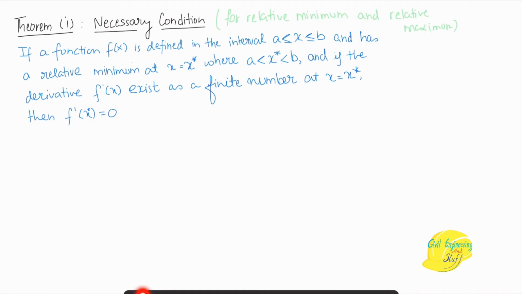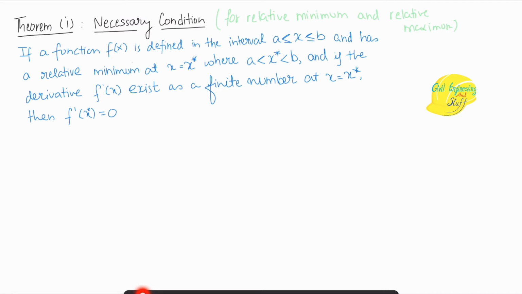Now there are two theorems which define the relative minimum and relative maximum point. The first one is the necessary condition. It states that if a function f of x is defined in the interval a to b and has a relative minimum point at x equal to x star, where x star is between a and b, and if the derivative at x star exists as a finite number, then f dash x star equal to 0.